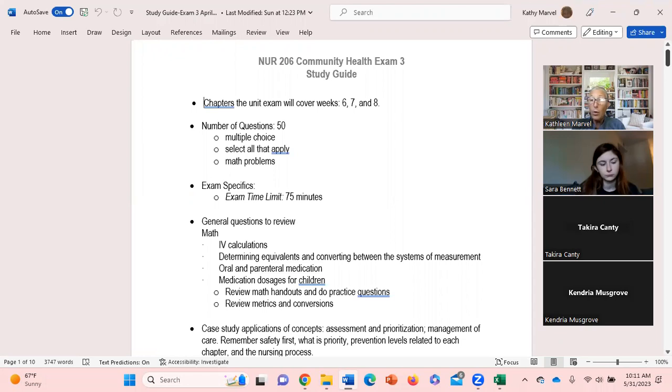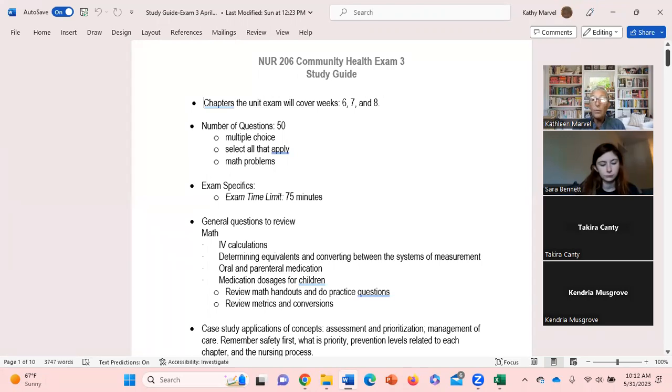There's a lot of priority questions, primary, secondary, tertiary. At this point, you should have a solid understanding of primary, secondary, and tertiary. Each of the chapters in the book have a blue box that goes through examples of primary, secondary, and tertiary for whatever the topic of the chapter is.